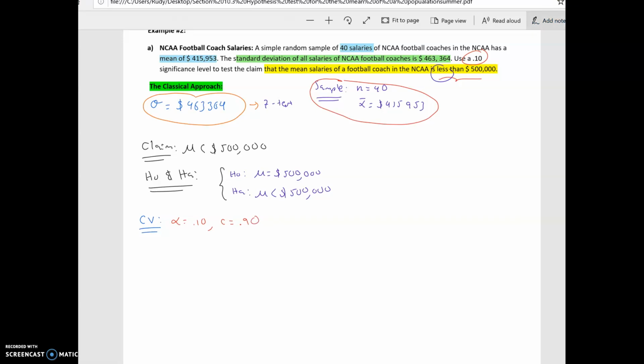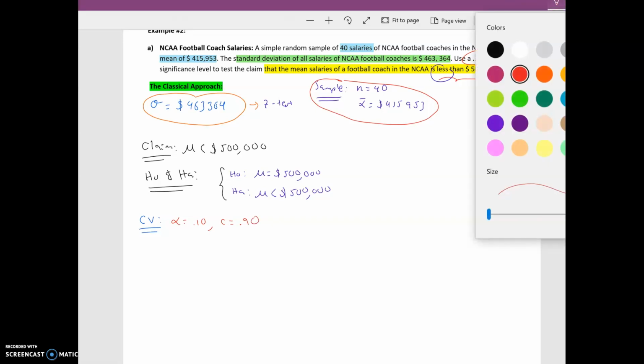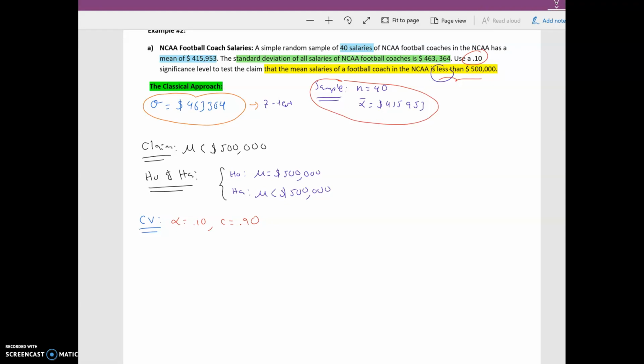Now, as we look at the population, we assume that it is bell-shaped. Because we're dealing with a left-tail test, alpha is on the left, so the shaded region is going to be on the left.